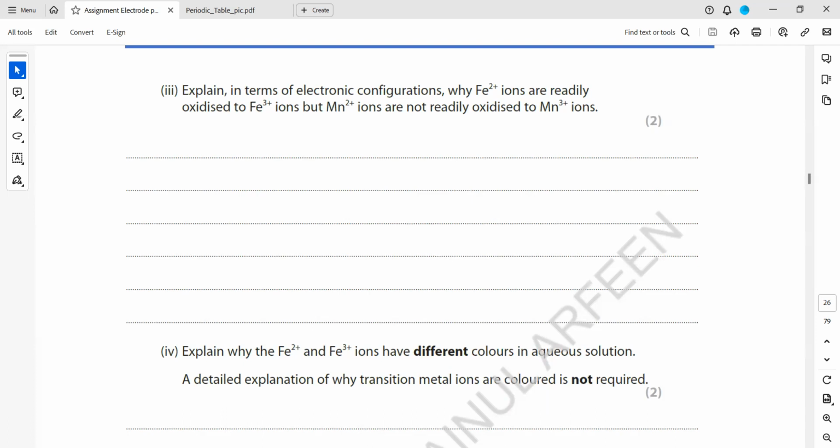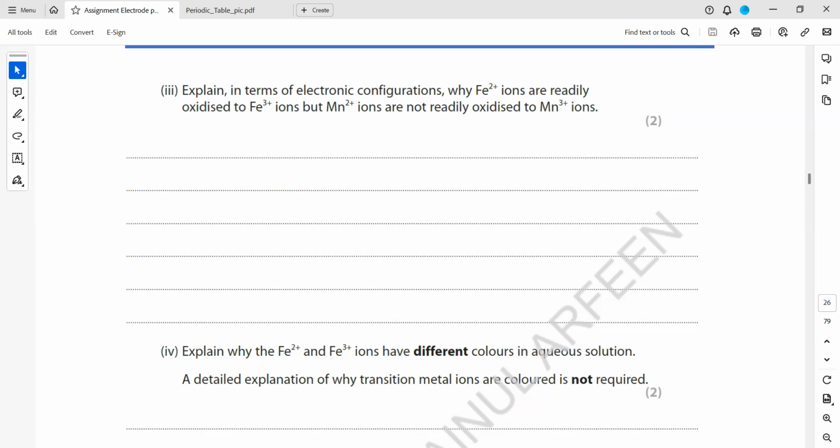So the main reason is the electronic configuration. What will happen? There is a paired electron there, and an electron in the full orbital in the d of iron 3 is easily removed due to repulsion.